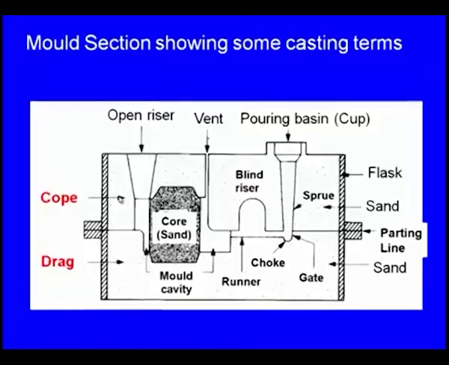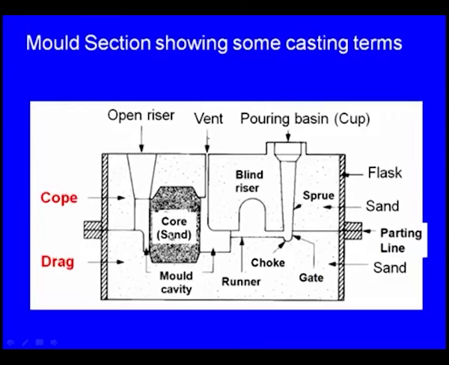We want a component with a hollow cavity inside, so we also kept a core, a sand core. The molten metal passes through the pouring basin, then through the sprue and through the runner. Now, this is the mould cavity and it flows around the sand core.